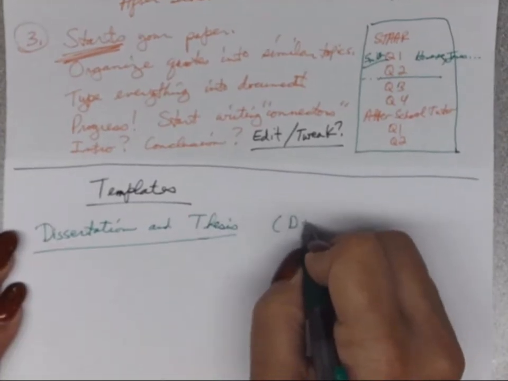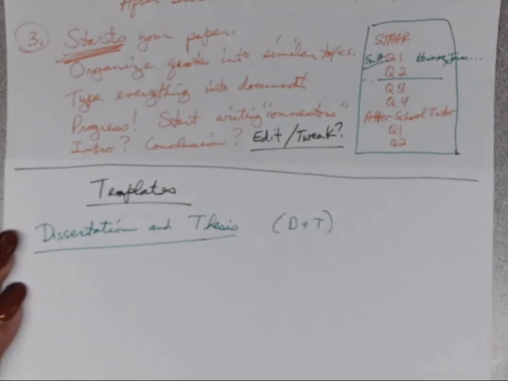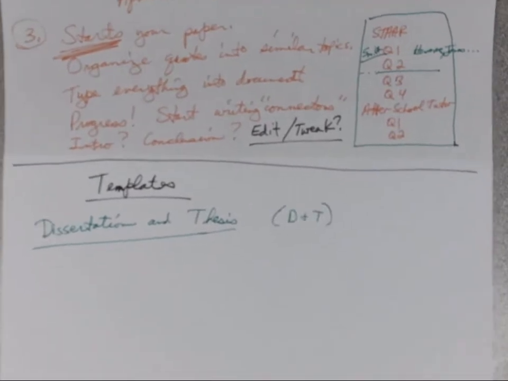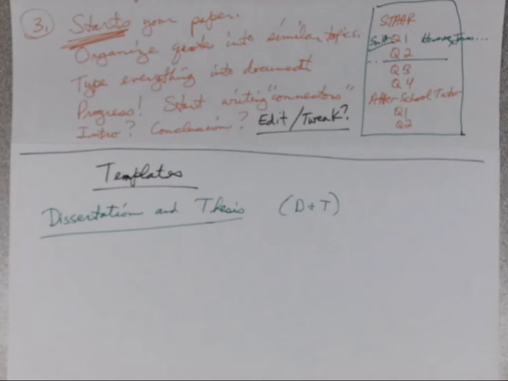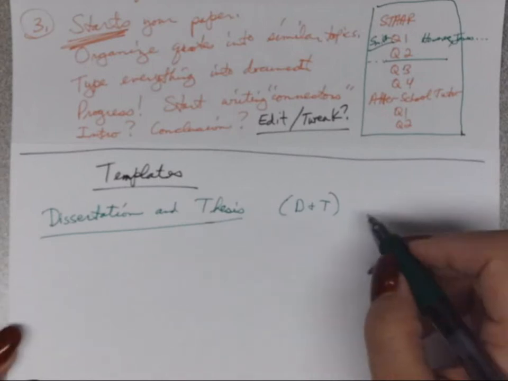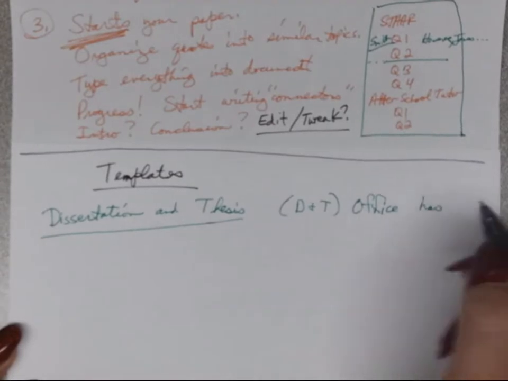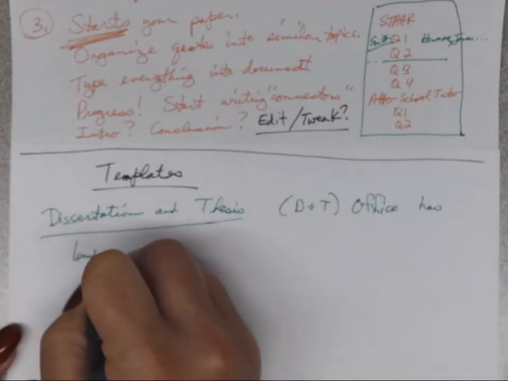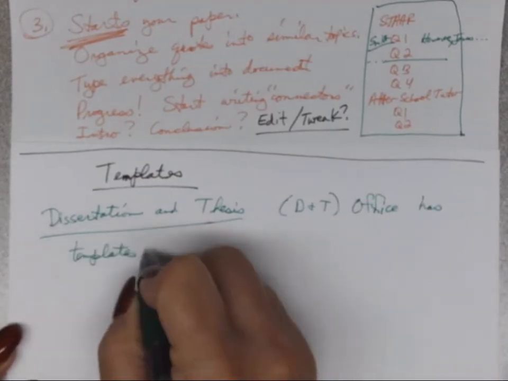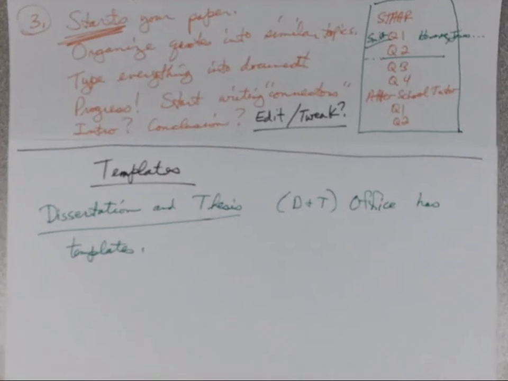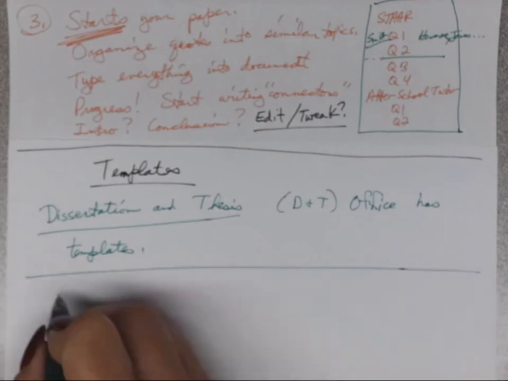I'm going to call them DNT for right now, but I know that that's not their actual title anymore. They changed their name. But anyway, the dissertation and thesis office has templates of their own, and they're very similar to these. So you'll see generally, no matter what program you're in, they'll have some kind of a thing. And what you should do is let the template guide you.